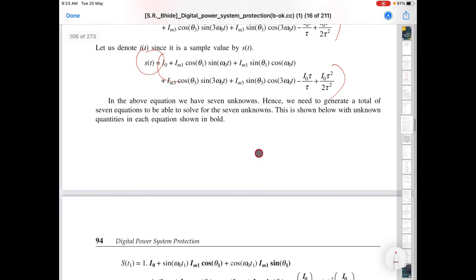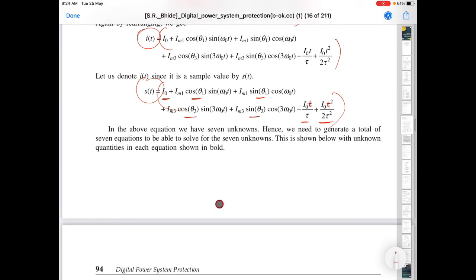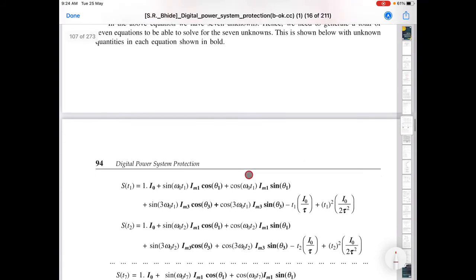Now, if we see, there are 7 unknown terms. This is unknown 2, 3, 4, 5, 6, 7. Correct? And of course this is t, it is a misprint. Okay, here it is t and here also it is t, denominator is tau. So 1 2 3 4 5 6 7, so there are 7 unknown terms.